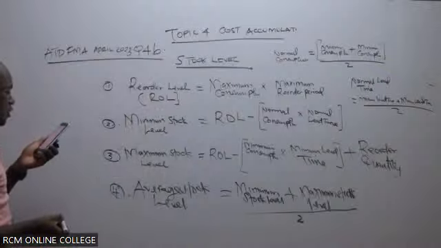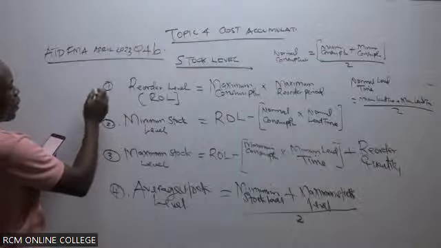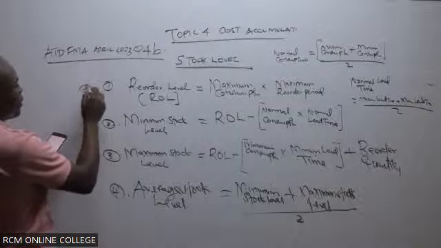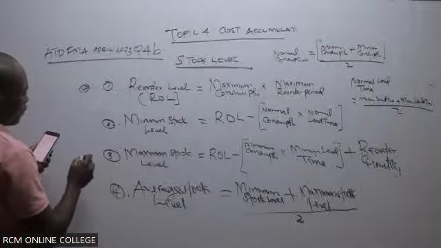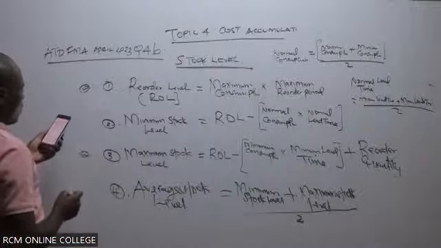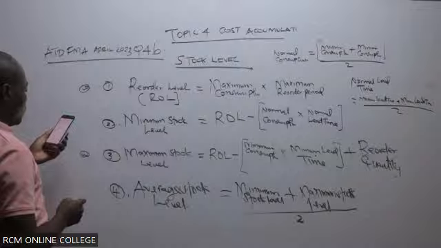They are asking you to give reorder level, then maximum inventory level, and then minimum inventory level.